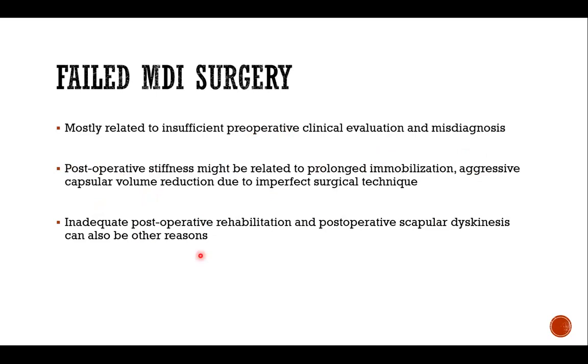Inadequate postoperative rehabilitation and postoperative scapular dyskinesis can also be reasons. A detailed physical examination is essential to identify scapular dyskinesis, which can be treated extensively with conservative management with rehabilitation before considering revision surgery.